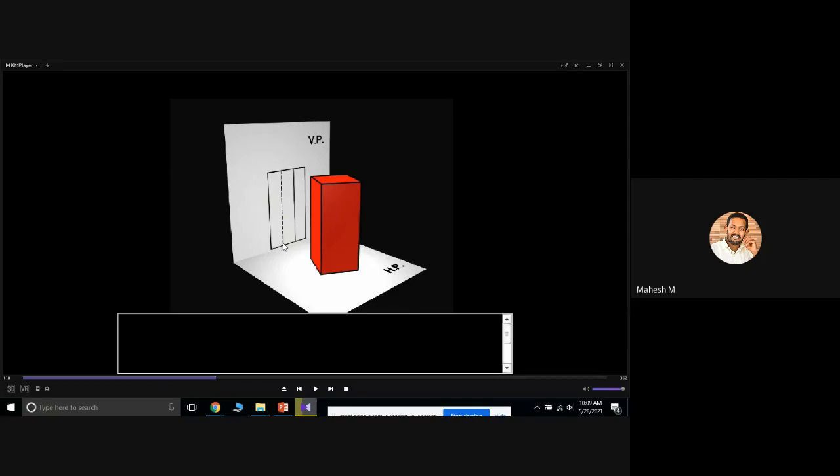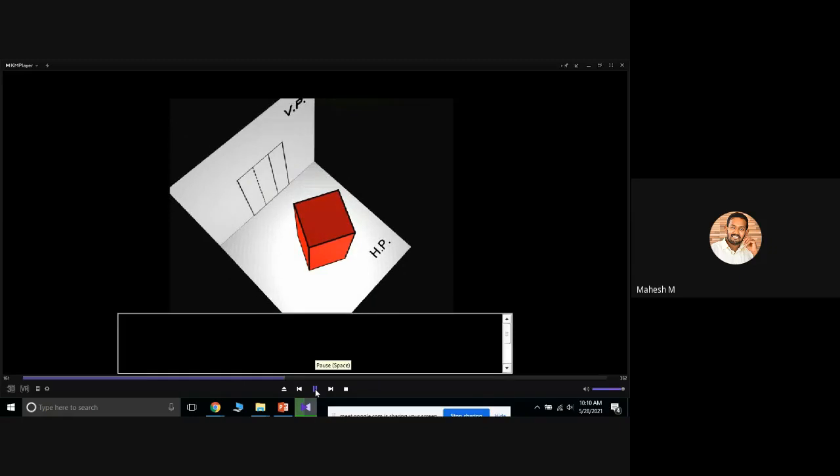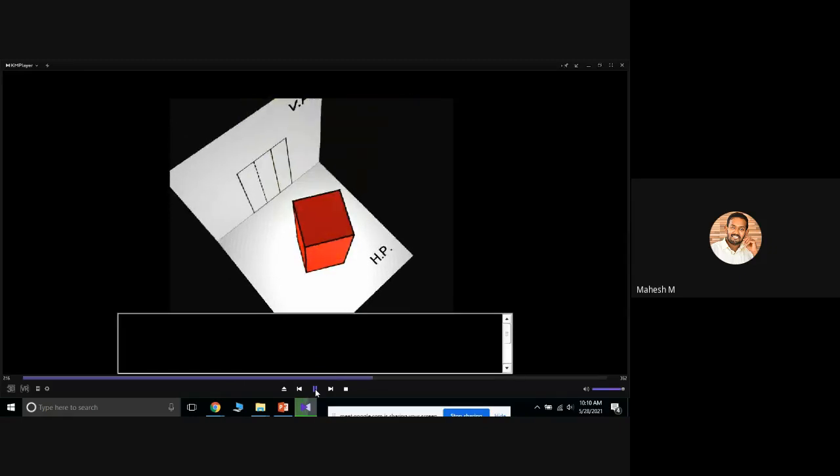Okay, so you can see the rectangular face is not straight, it is inclined to VP. So here the rectangular face is inclined to VP, so we will have a different angle. So the top view will not look like a straight square, it will be like an inclined square. Looking from the top view position, it will look like an inclined square.